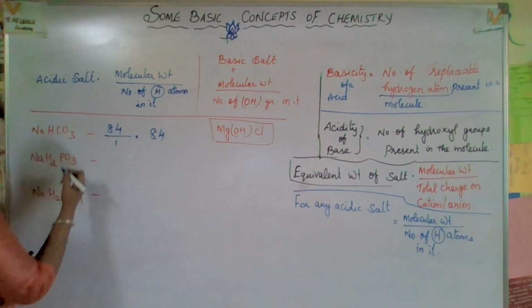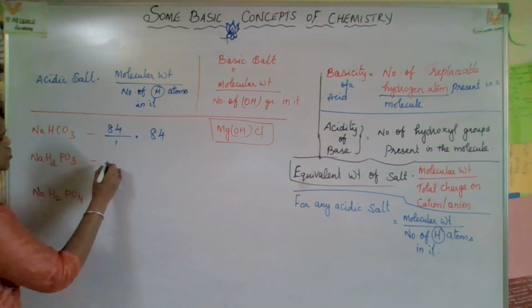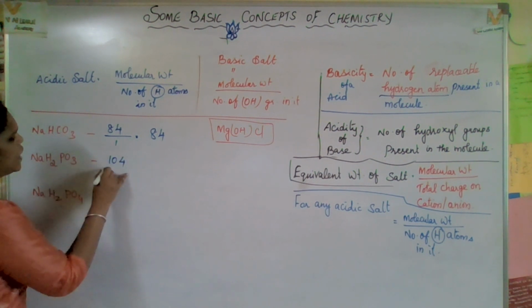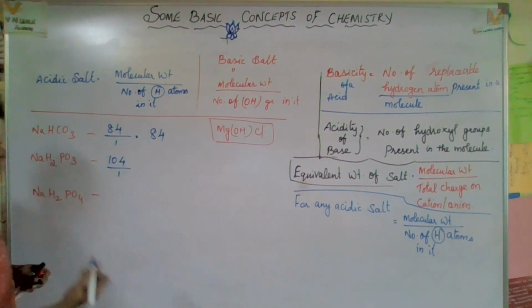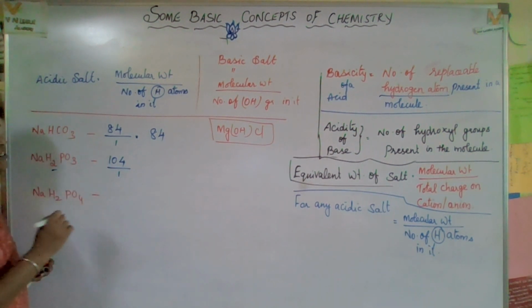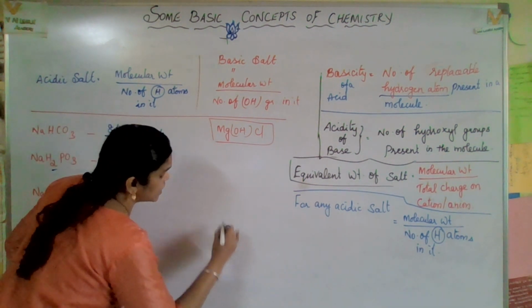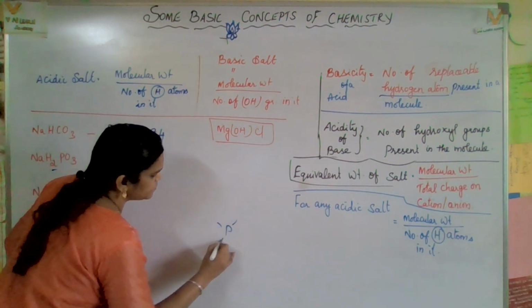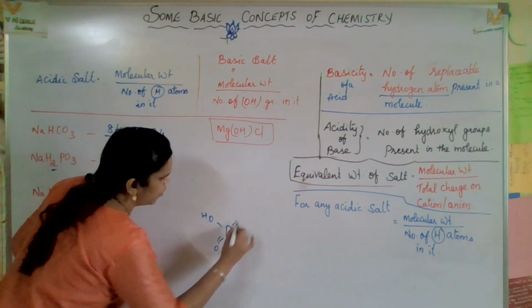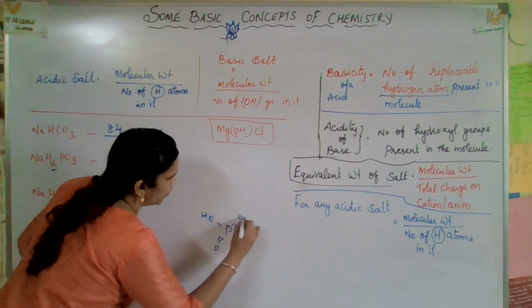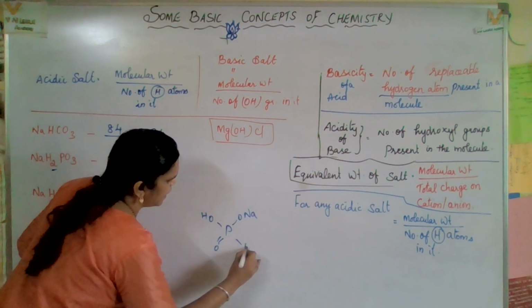Here NaH2PO3. So here 104, divided by number of hydrogen atoms, here 1 only. Why is it 1? Because here it is mentioned 2, so now you have to check the structure. Here OH, double bond O, here ONa and hydrogen.